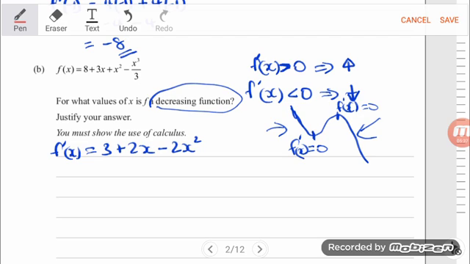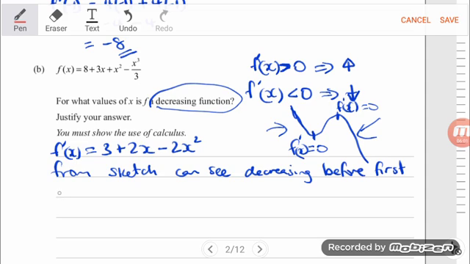Now, from the sketch, I should say, we can see it's decreasing before the first turning point and after the second turning point.